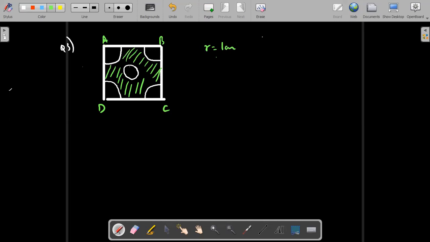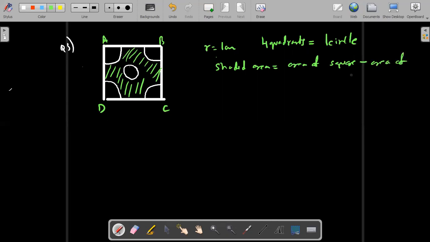If you see here, there are 4 quadrants, and 4 quadrants will make one circle. So the shaded area will be the area of the square minus the area of the circle in between, and the 4 quadrants make one circle, so the area of 2 circles.